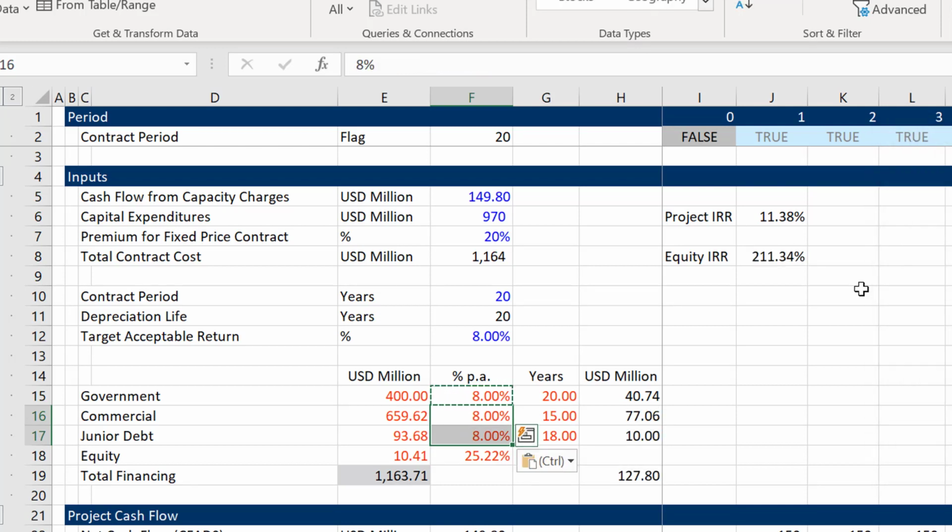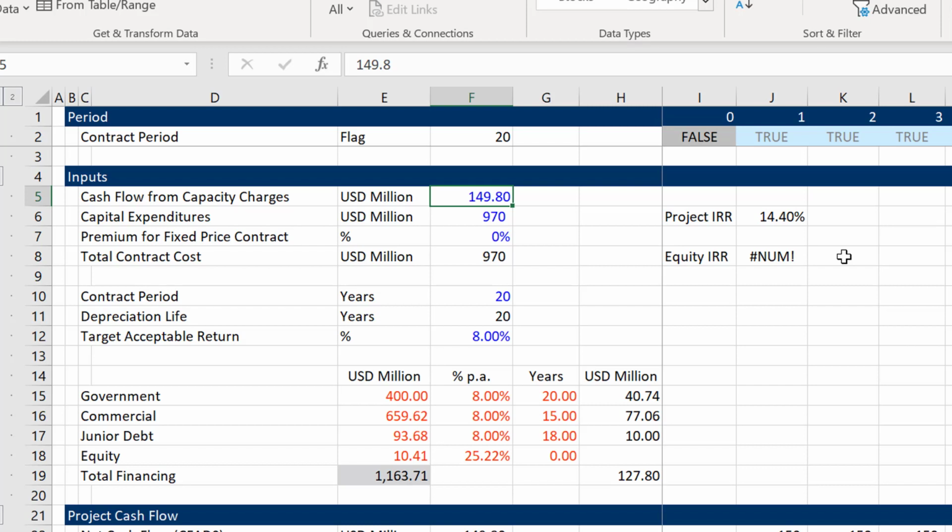Sorry. If they would have been financed at 8%, and we didn't have to put any of this EPC profit in here, and we don't really need any equity, but we'll put the equity in at 8% or something like that as well.